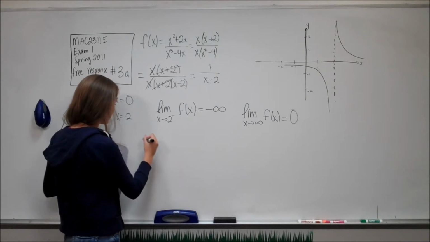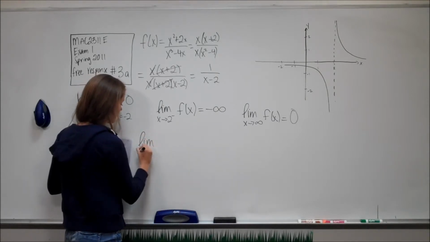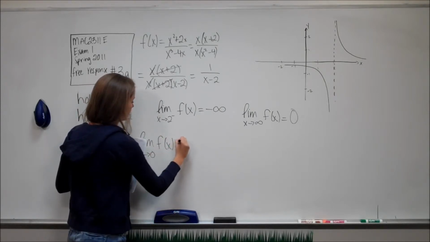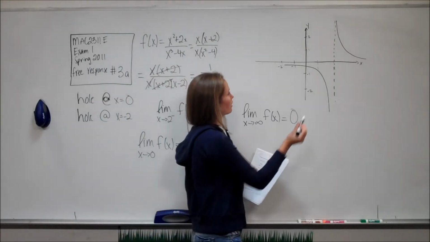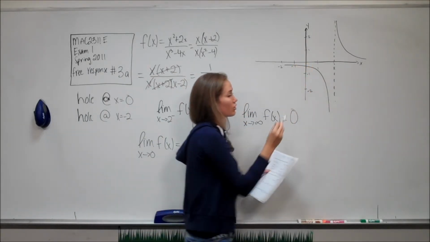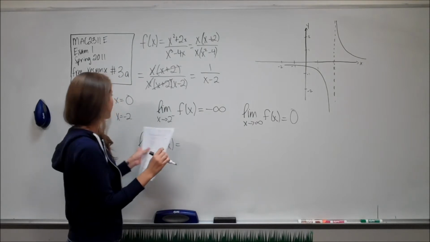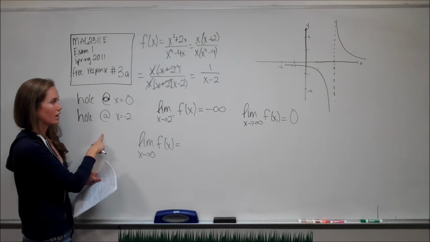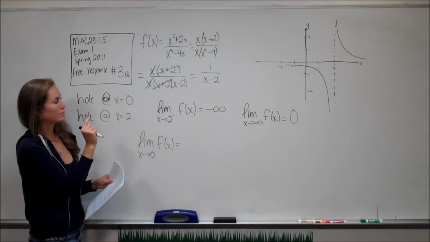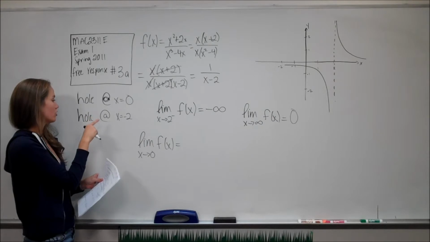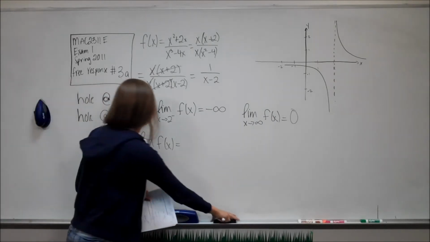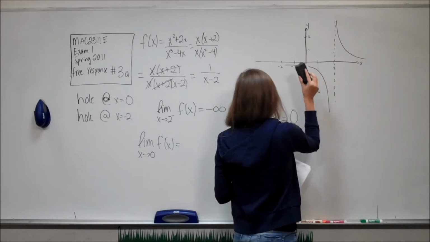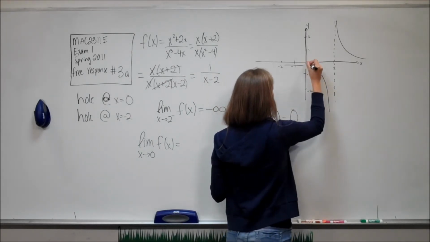Another limit we need to evaluate is the limit as x approaches 0 of f of x. Let's refer to our graph. We are approaching something at 0, but remember from earlier, when we canceled things out, our graph is missing the holes at x equals 0 and x equals negative 2. Let's add that into our graph now. We have a hole at x equals 0, and a hole at x equals negative 2.